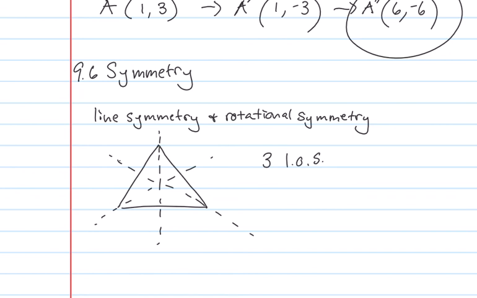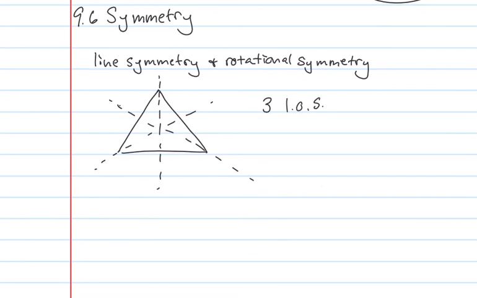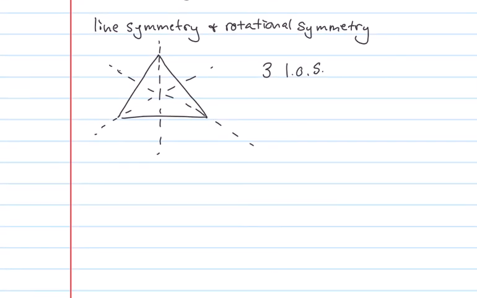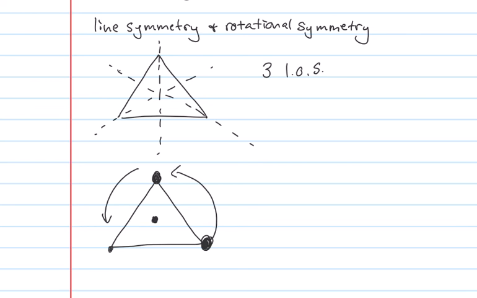And we not only need to be able to identify how many lines of symmetry it has, but if it has rotational symmetry as well. So using the same triangle example, typically we are rotating around the center of the figure or another point or an origin. I want to see if I spin this triangle all the way around, I want this point right here in the bottom right to land on this point. So I want to see how many degrees that would be.